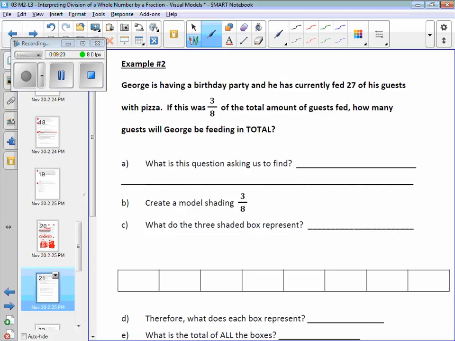Okay, Georgie is having a birthday party, and he has currently fed 27 of his guests. Well, let's underline that. If this was 3/8 of the total, how many guests will George be feeding in total? All right. What is the question asking us to find?